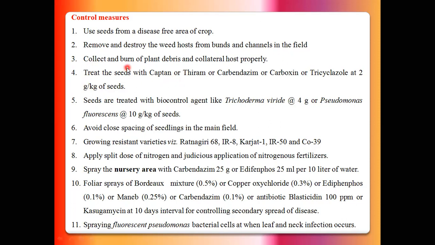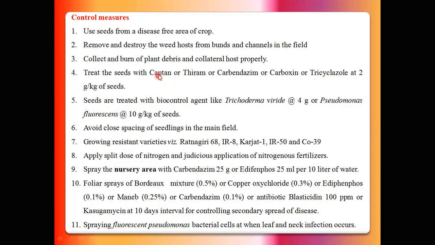Then collect and burn the plant debris and collateral hosts properly. Then treat the seeds with captan, thiram, carbendazim, carboxin or tricyclazole at the rate of 2 gram per kg of seed to protect the seeds from fungal infections.